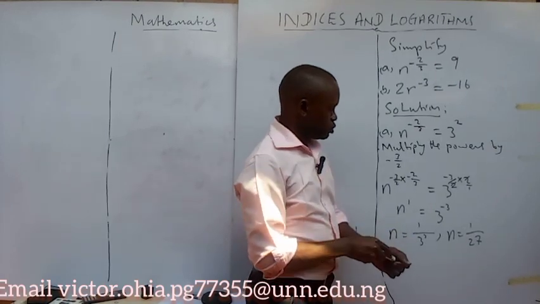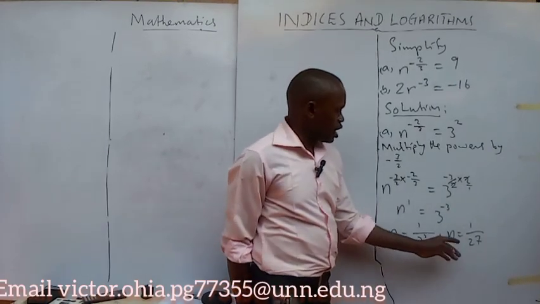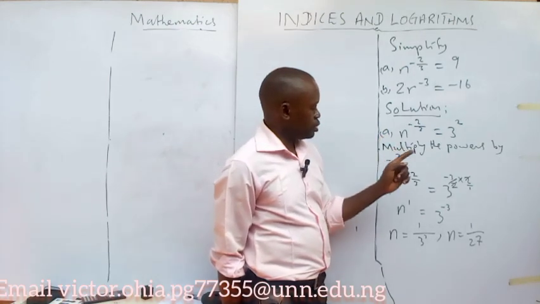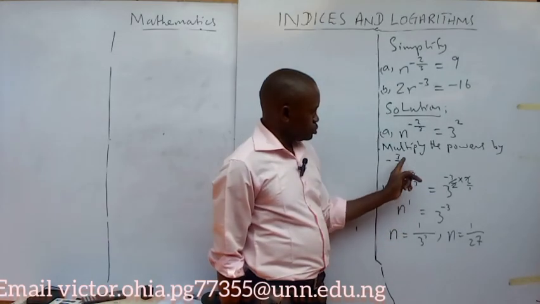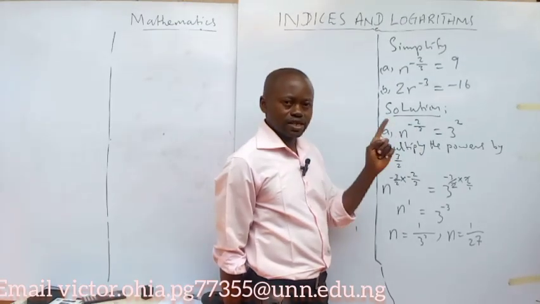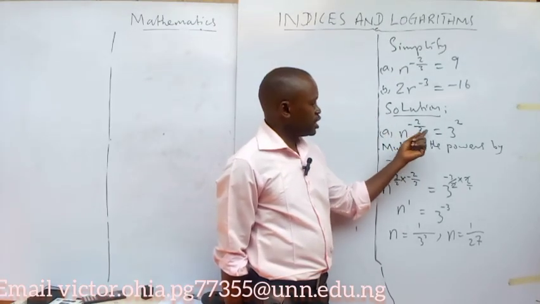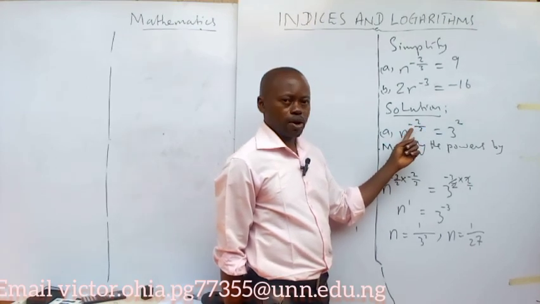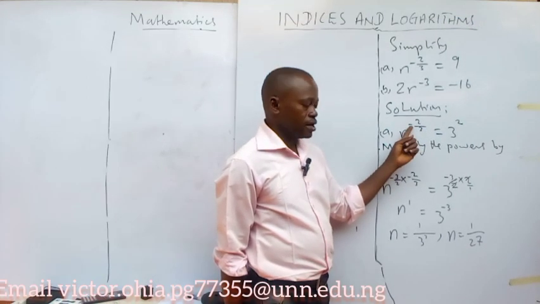I'm sure that is very clear. What was the secret? How were we able to remove this power? One single step: multiply the powers by the reciprocal of this power. You can see the power here.